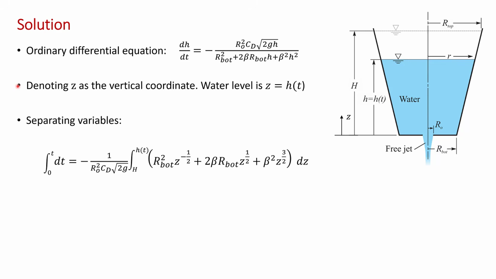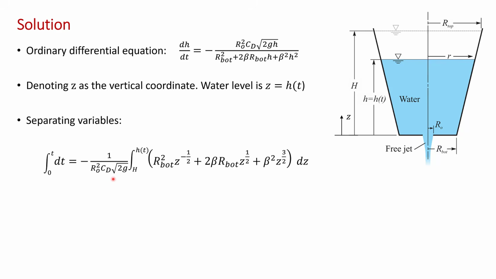This differential equation happens to be easy to solve because it's separable. I'm going to introduce a vertical coordinate z, and the instantaneous water level, which is what we're after, corresponds to z equals h of t. So here I've separated the variables. I've put time on the left-hand side and the terms involving z on the right-hand side. I've also collected the constants out front.